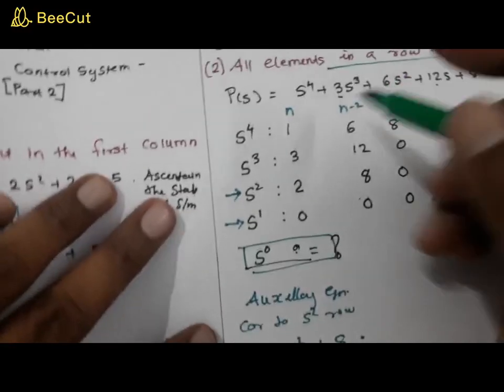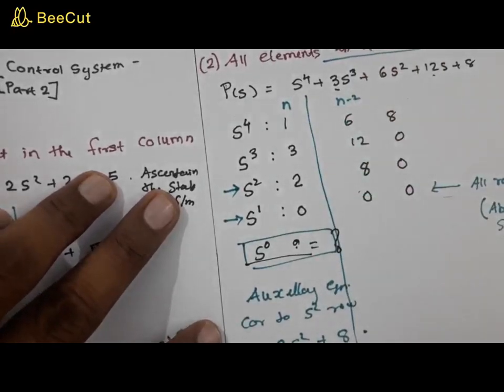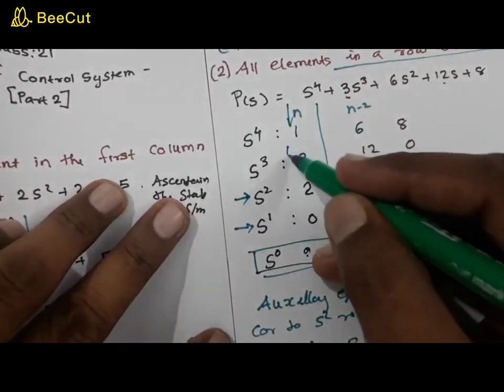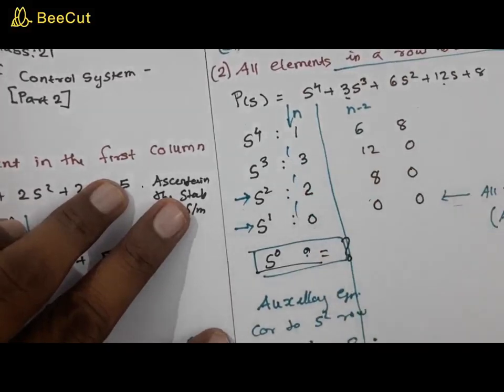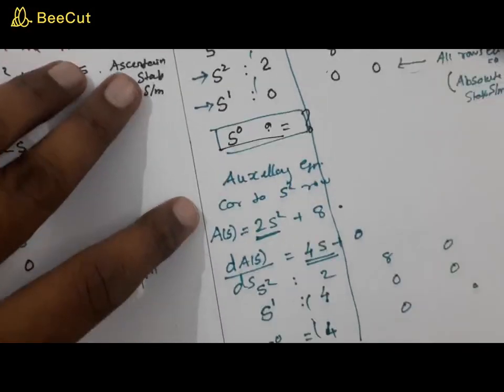Now look at the first column. When you look at the first column, there is no sign change, no sign change, no sign change. And this is the problem.